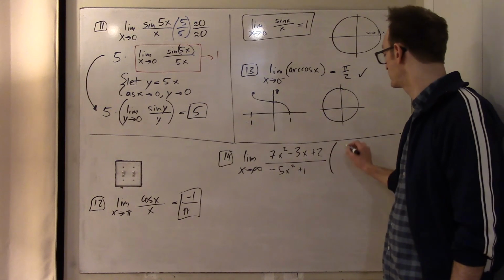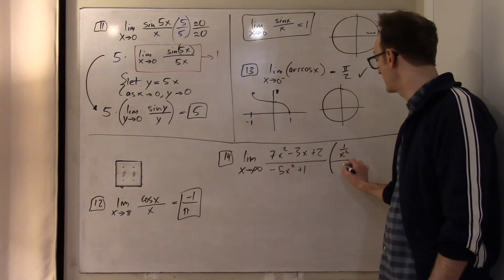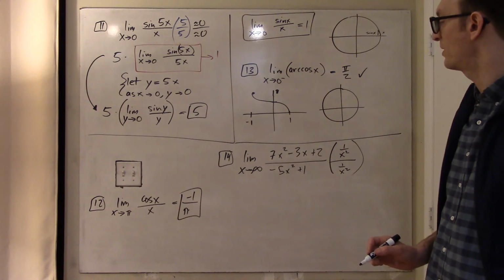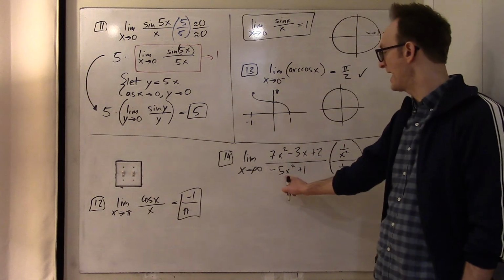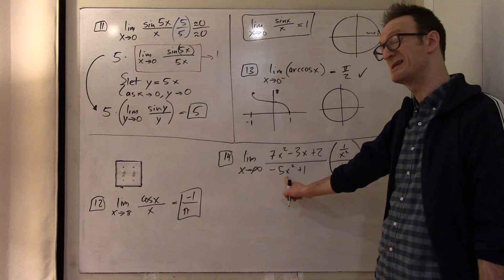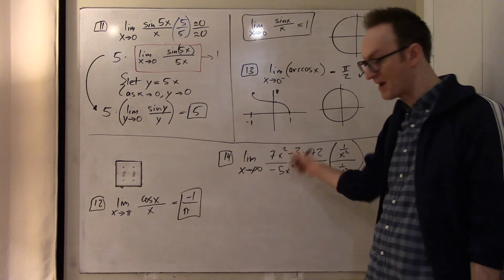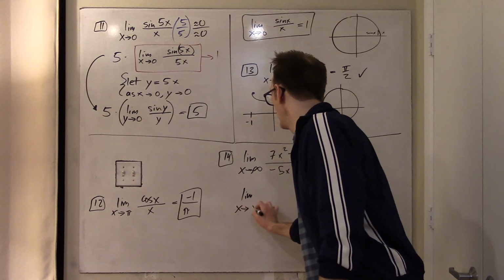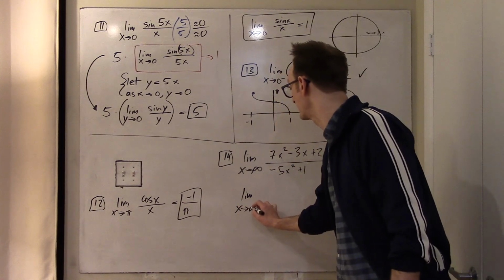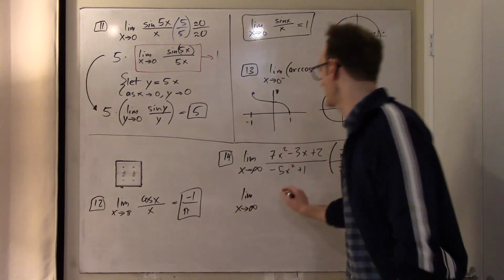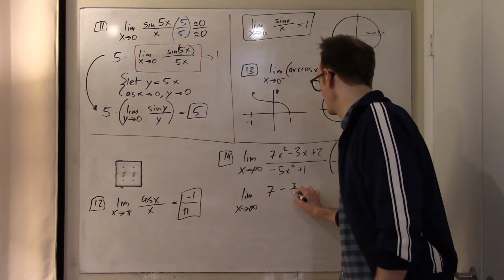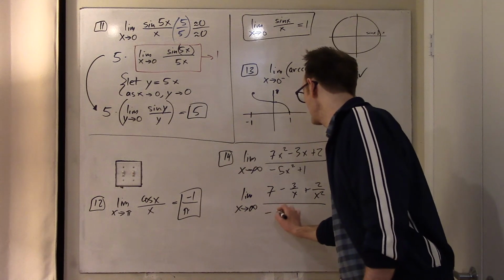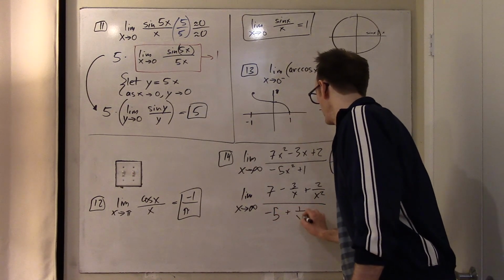If you want to show some work here, then the thing to do is to divide the top and bottom by the highest power of x in the denominator. I always want to divide by the highest power of x in the denominator because I want to convert the denominator into a number. And then I can just look and see what the numerator is doing. So if I divide by x squared, I get 7 minus 3 over x plus 2 over x squared, and that becomes -5 plus 1 over x squared.